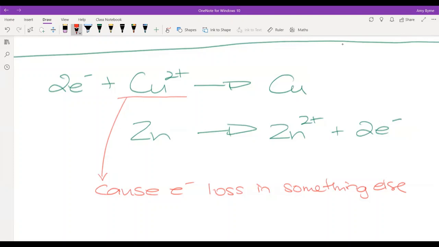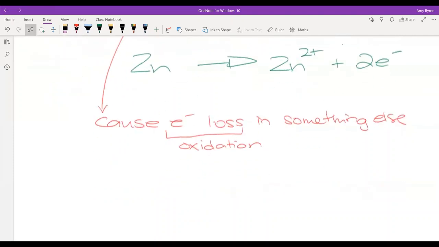It causes cleaning on another object. So my copper 2+ is causing electron loss somewhere else. Electron loss is oxidation. So my copper 2+ is causing electron loss, causing oxidation in something else. So what that means is that it is therefore an oxidizing agent.